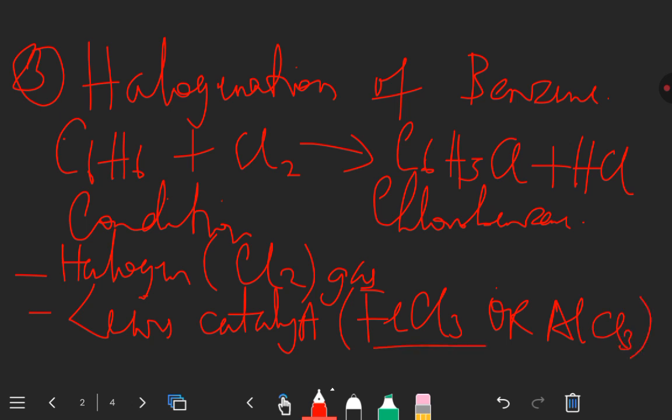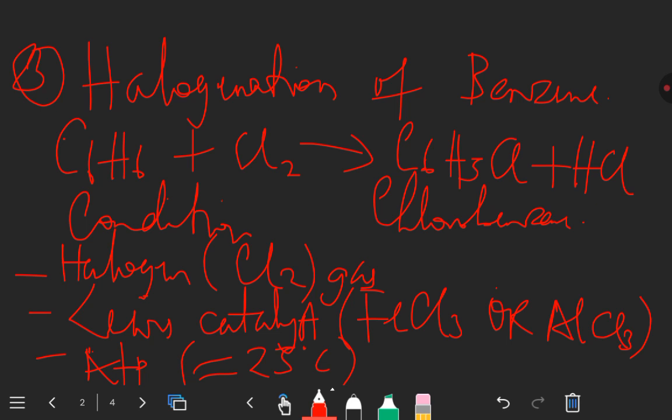We can use iron chloride or aluminium chloride. Then the reaction takes place at room temperature and pressure, and that is approximately around 25 degrees Celsius.